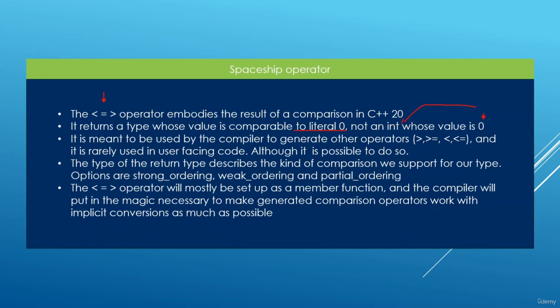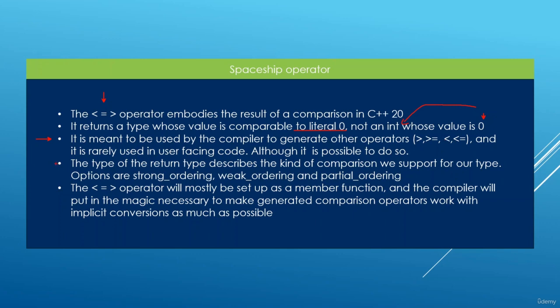If you try to do that, you're going to get a compiler error. The three-way comparison operator is meant to be used by the compiler to generate all the other comparison operators. For example, we can generate the greater than versions, the less than versions, and even the equal operators if that's what we want.